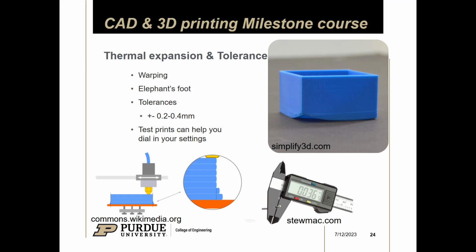Obviously you could combat that by having a well-tuned printer, but you can also reduce the chance of this happening by adding chamfers, right? So if you chamfer the bottom at a 45-degree angle, again, it's a 45-degree overhang, so the printer won't have a problem reproducing it. But then any amount of squish could still be beneath the wall that you want it to be at, if that makes sense.